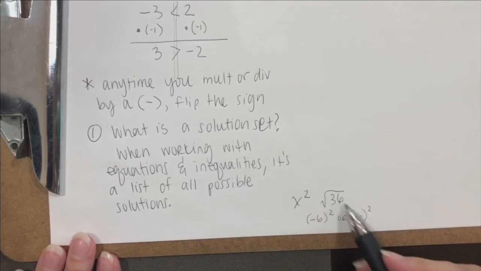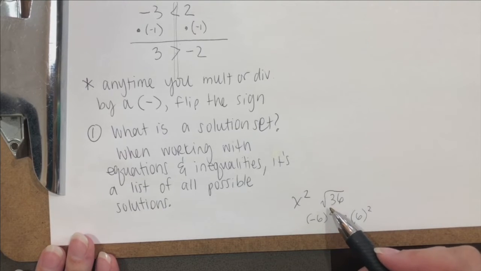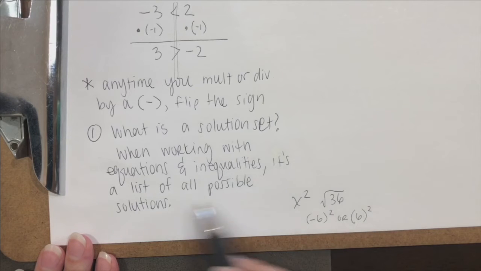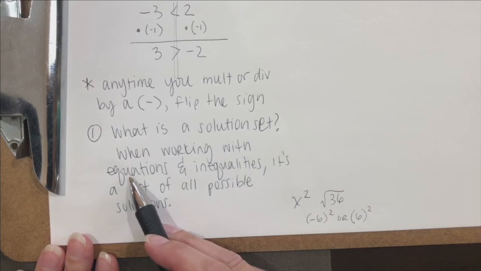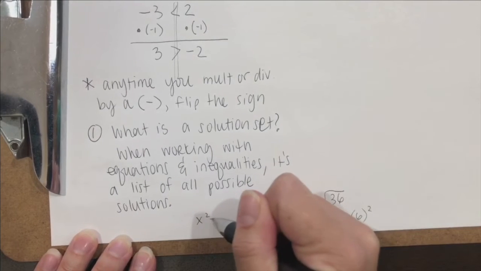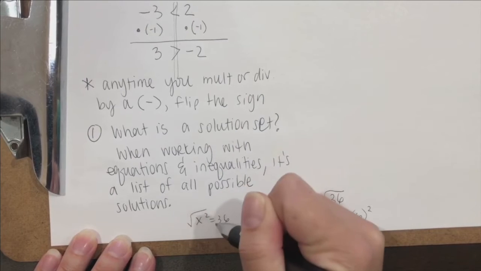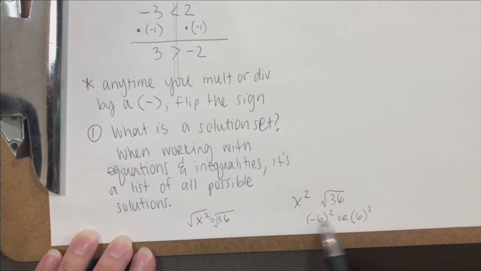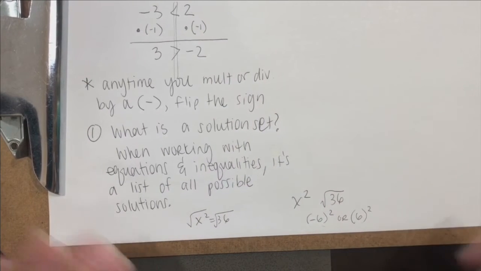So now we're getting two possible solutions for the square root of a number. And that, my friends, is how we wind up with more than one answer for an equation. That would look something like this. Maybe x squared equals 36, so we square root both sides, and then we could get either negative 6 or 6 as the answer.